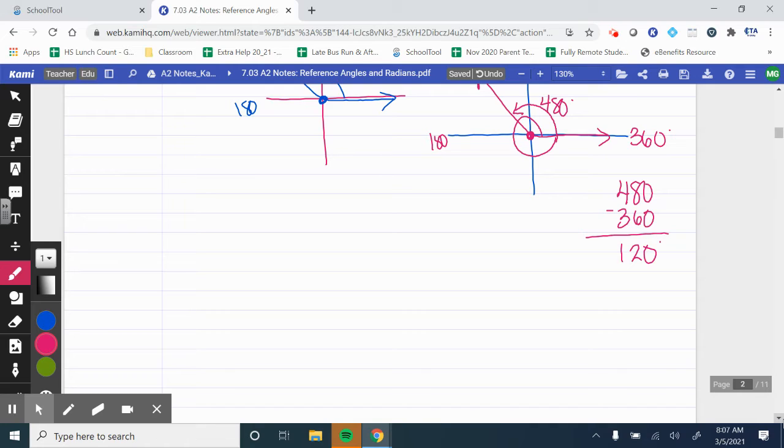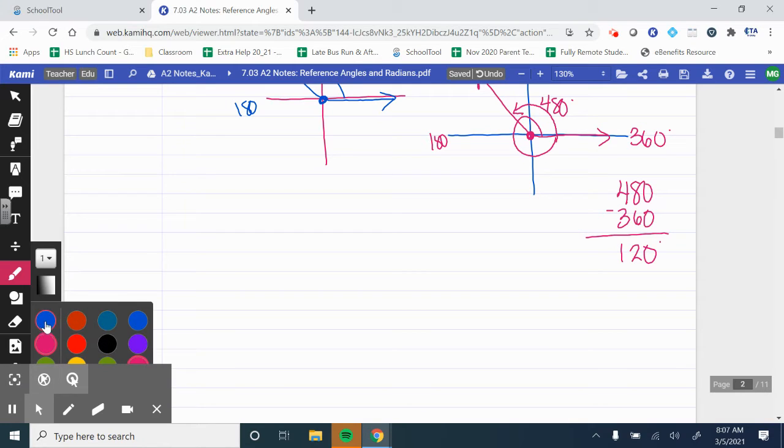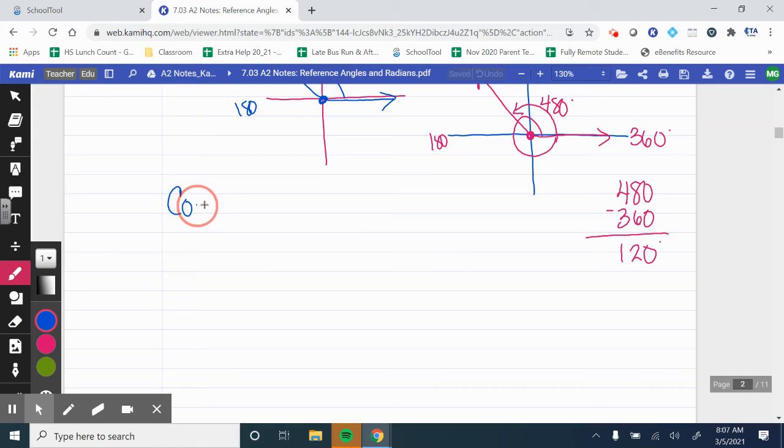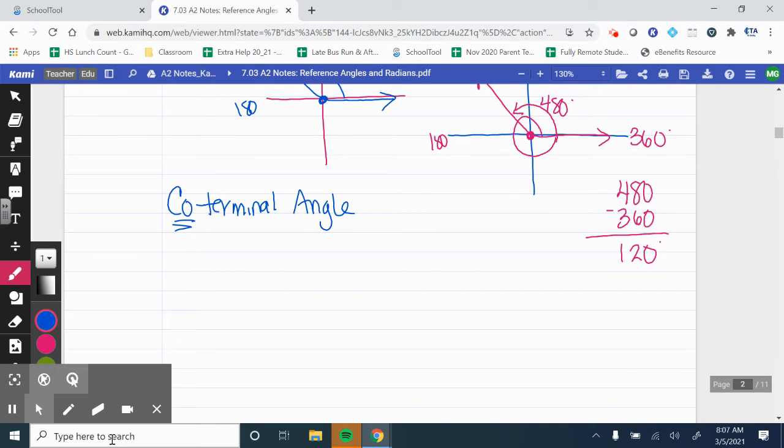All right, next we're going to talk about coterminal angles before we move on to our reference angles. So coterminal angles. Think about what coterminal means. Co means together, cooperate. And terminal means ends.